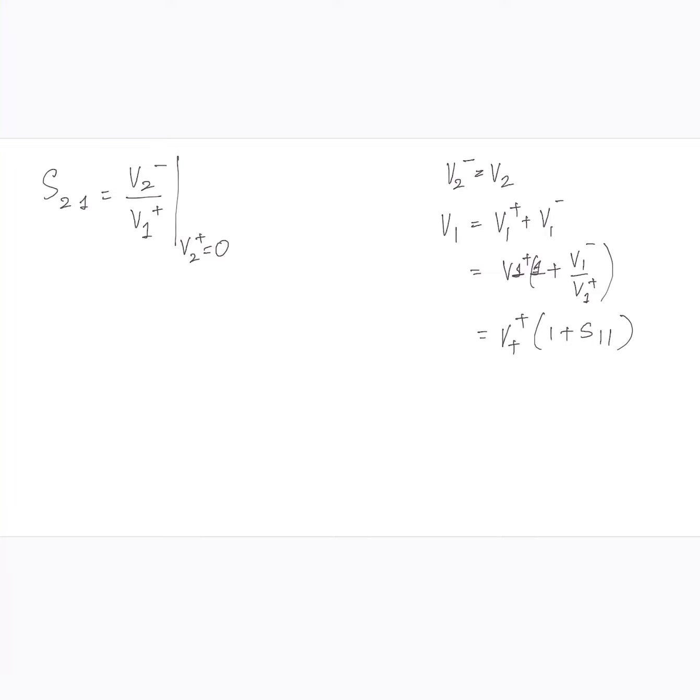Now substituting this into the equation, we can write this as V2 by V1 into 1 plus S11.